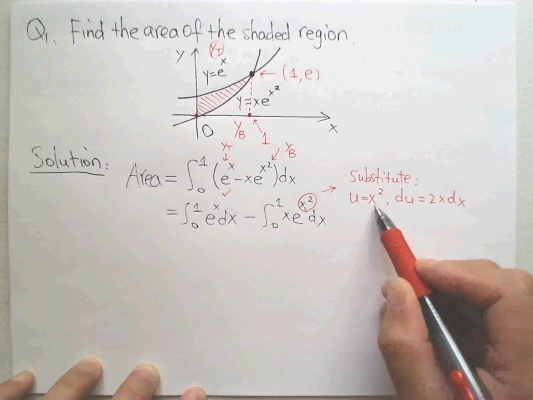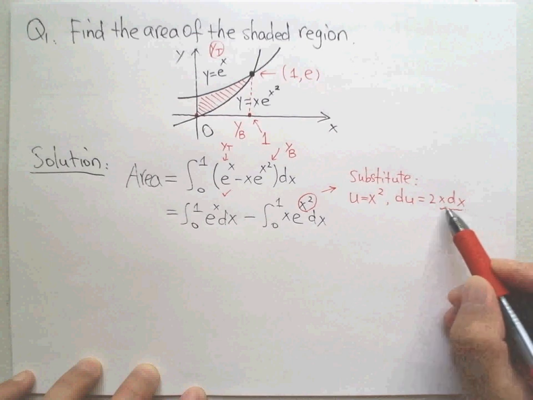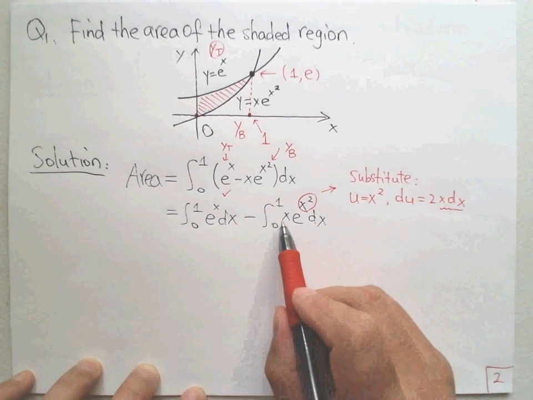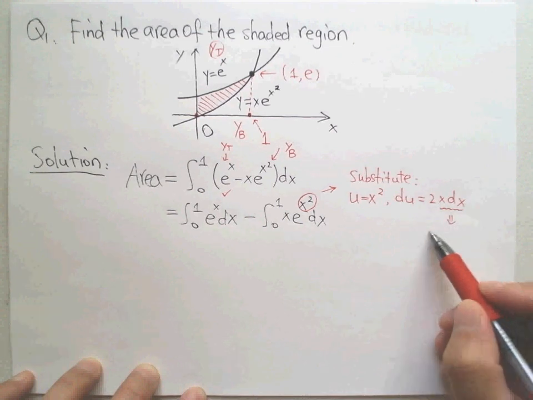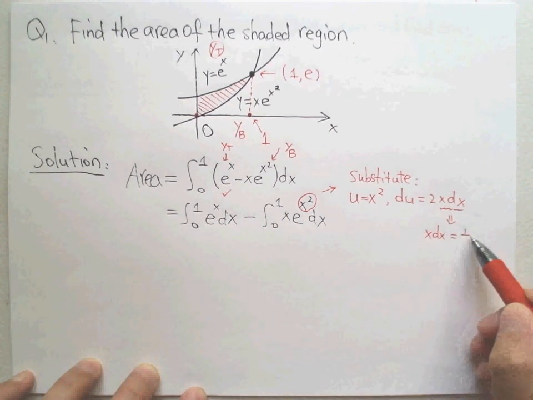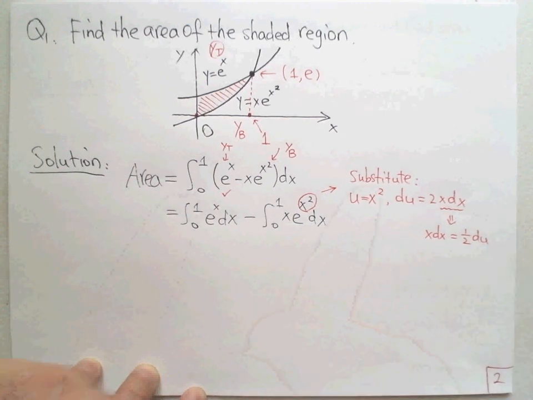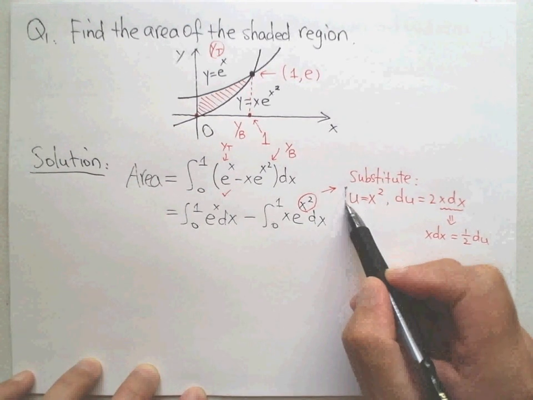In this way, from here I get x times dx equals 1/2 du. Good, this is the substitution we need.